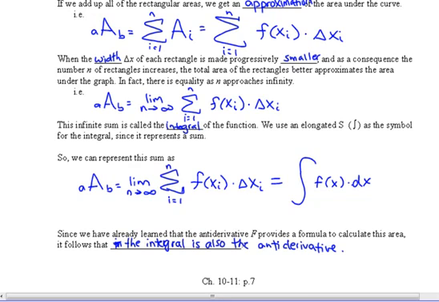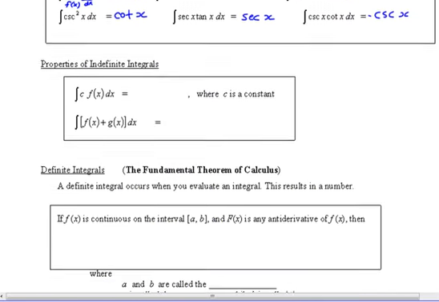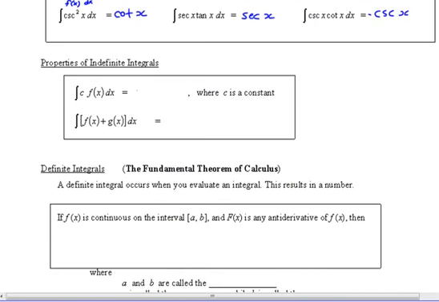And so our width, or this delta x, can also be called dx, change of x. Okay? So it's part of the notation. So if we have a constant, it's the same thing as the constant times the integral of f of x dx. Summation, right? We integrate each one individually.